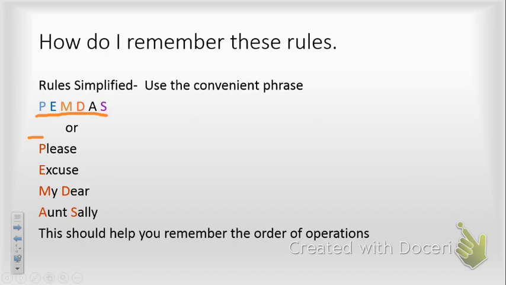Or another one you've probably seen before is a sentence, please excuse my dear Aunt Sally. Just something to help you out where the first letter of each word stands for our rule. Please, P stands for parentheses, excuse, E is exponents, M and D, multiplication, divide, and A and S, addition, subtraction. These should help you remember your rules. I know I definitely still use that, please excuse my dear Aunt Sally, all the time. So get those written down somewhere.